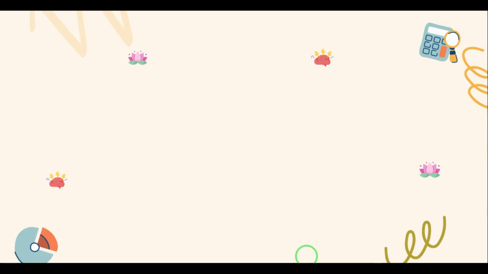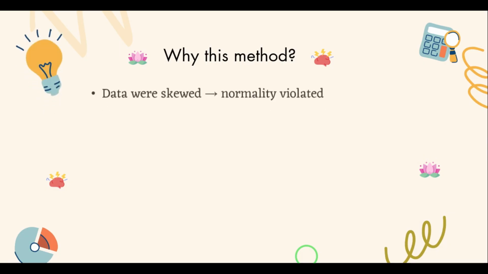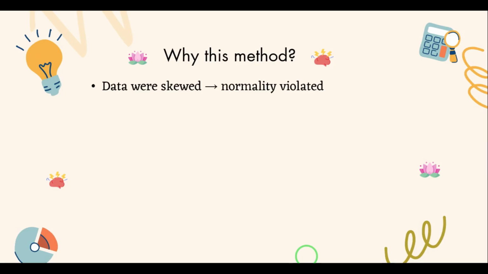But now you may wonder, why are we using non-parametric tests instead of a paired t-test or Pearson correlation? And here's why. Our stress scores are bounded from 0 to 42, and they're not normally distributed. Some students had 0 stress, while others had very high scores.